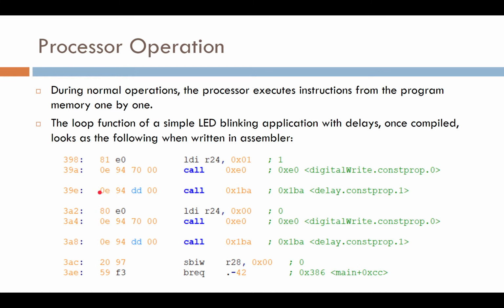And then there's a call to a routine which resides at DD00, which is delay. And then this command is setting a bit on a register. That's nice. Okay, and so on.